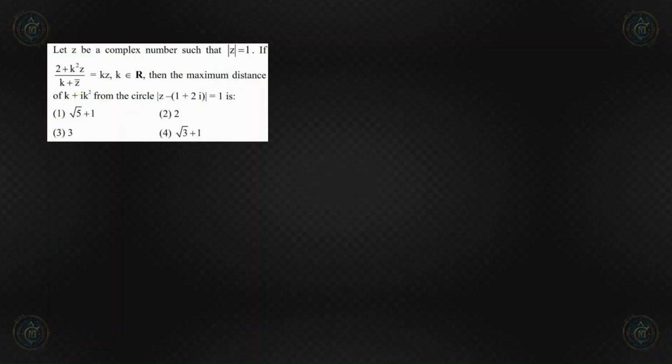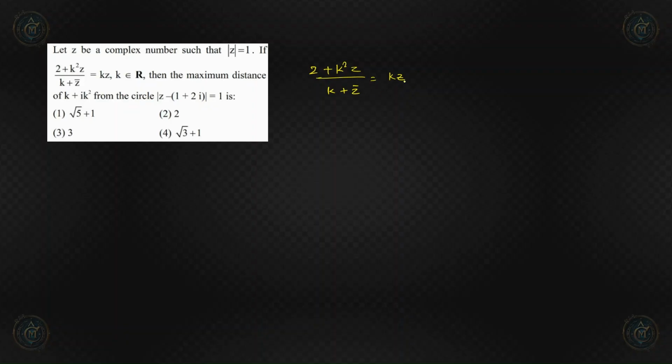So if we write this equation here, (2 plus k square z) divided by (k plus z bar) equal to kz, we can cross multiply. Because here we can see easily k times kz will give us k square z, which will cancel the k square z in the LHS. So we get k square z cancel, and z bar times kz equal to 2.